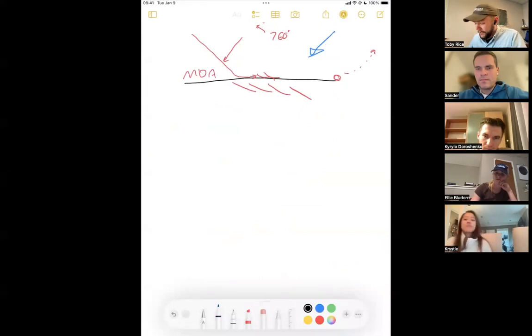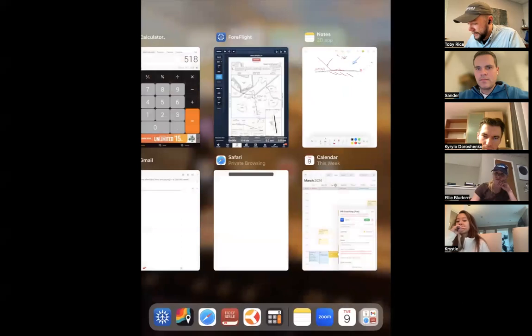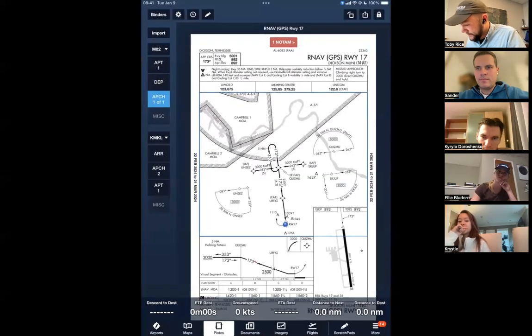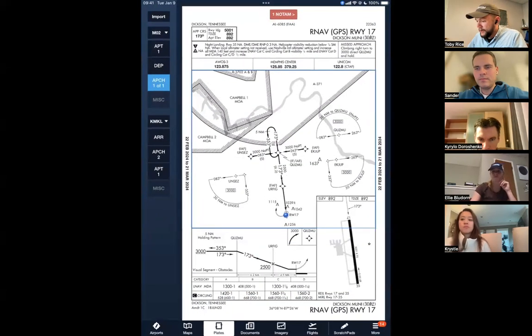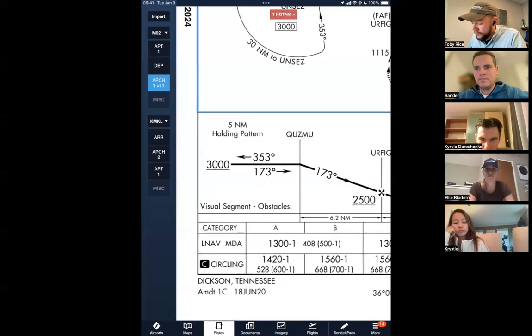So, for example, if I pull up a procedure here on my iPad, here on the RNAV 17 at Dixon, we have an LNAV approach, so lateral navigation only, and we have a minimum descent altitude, and that minimum descent altitude is 1,300 feet, which comes out to 408 feet height above ground.